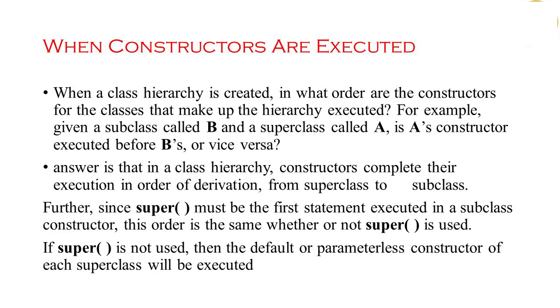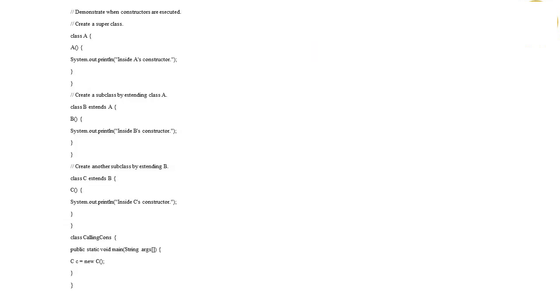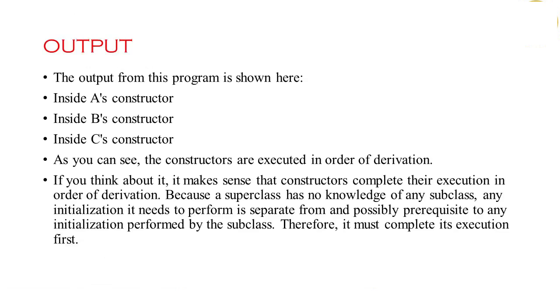Further, since super must be the first statement executed in a subclass constructor, this order is the same whether or not super is used. If super is not used, then the default or parameterless constructor of each superclass will be executed.